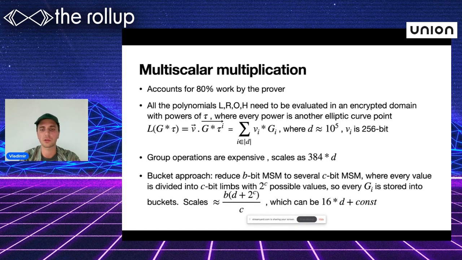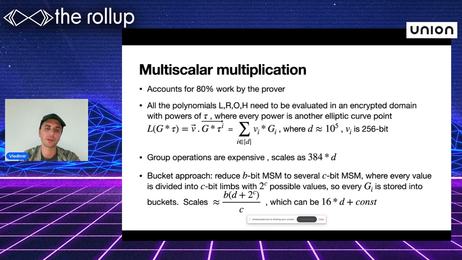And this dot product scales really badly. Group operations, which is multiplication of a point by a scalar, are kind of hard, and the problem is that we have to do it lots of times.